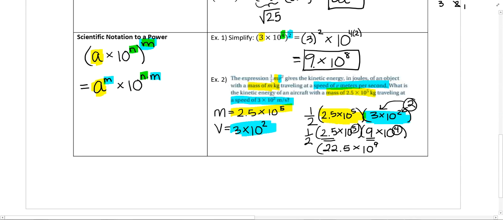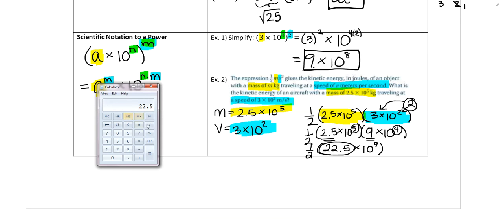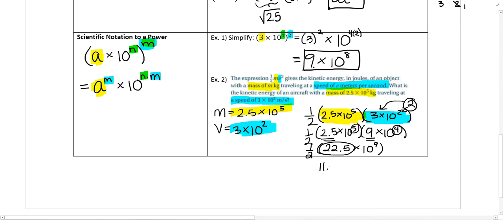Okay, now let's deal with the 1/2. Pretty much, you can just take the 1/2 and multiply it times this number. That's the easiest way. So we're going to divide it by 2. You get 11.25 times 10 to the 9th. This isn't going to change.